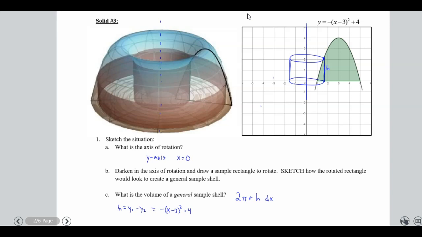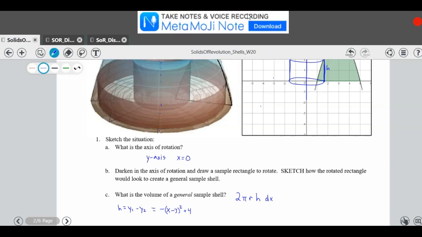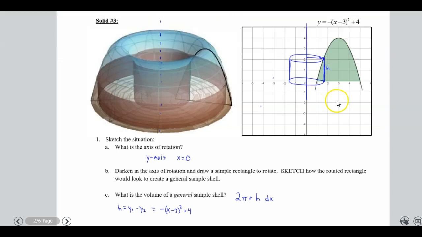The r, this one can sometimes be not the hardest, but maybe the most confusing for a lot of students. So how far is it from my y-axis to this point right here? And again, we'll think of this as, say, just some point (x, y) on here.